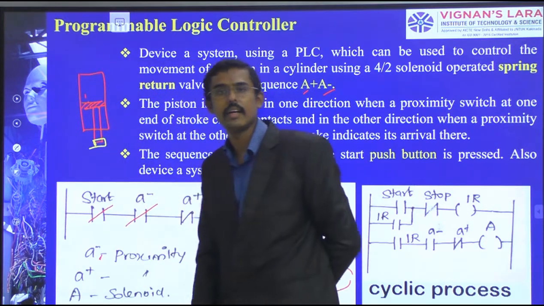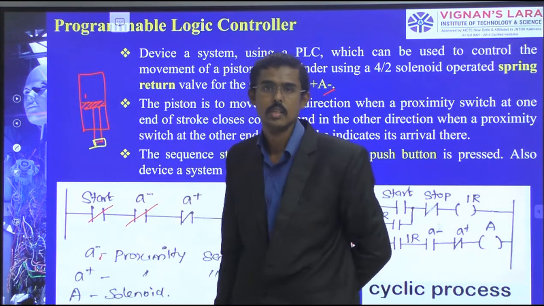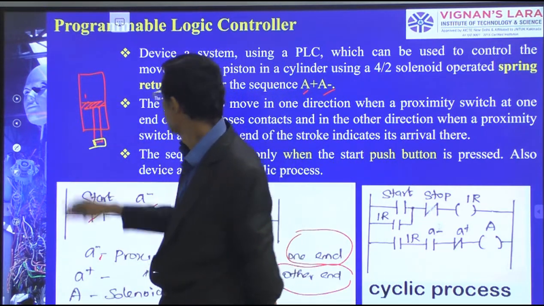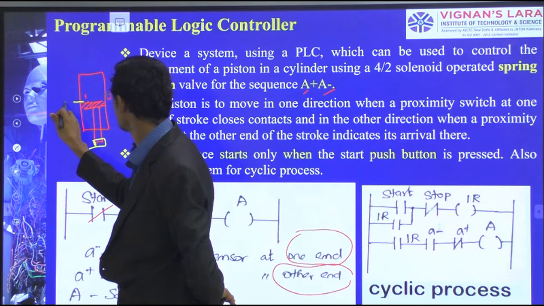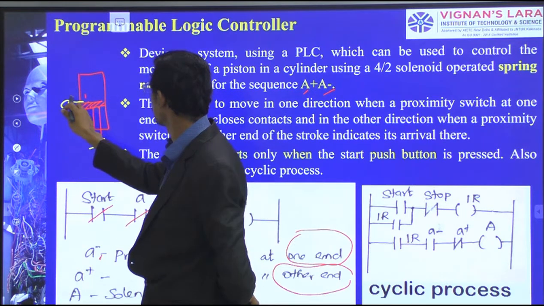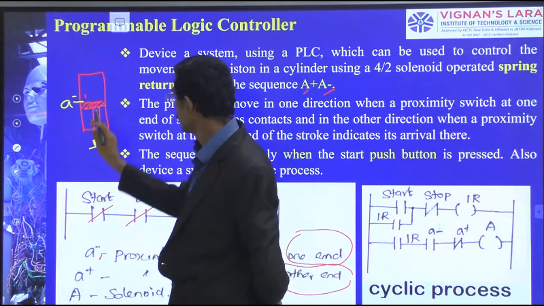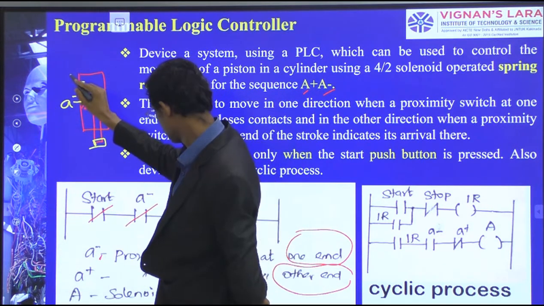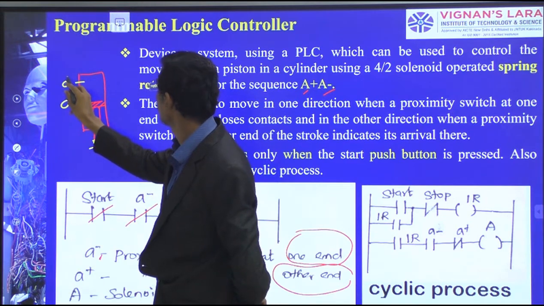Solenoid A should activate, and in such a way it can move. Now, this initial position, I am calling A minus. And the position moved to the next condition here, I am naming as A plus.